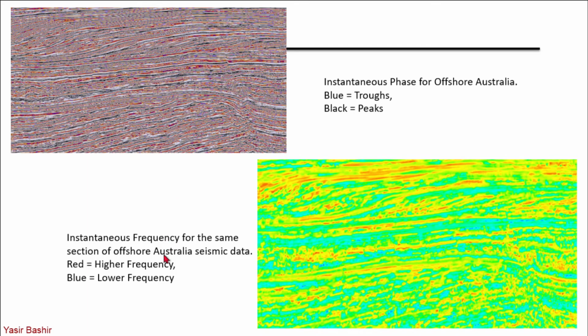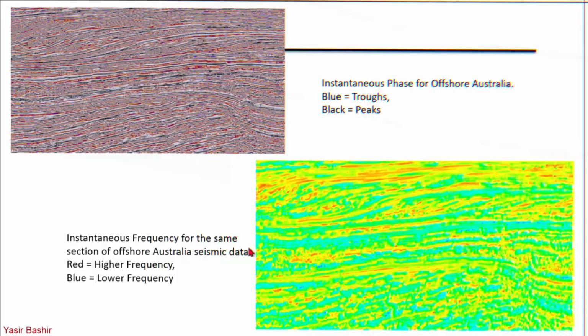On the down right corner we have the instantaneous frequency for the same section of the offshore Australia seismic data. Here the reddish color shows the high frequencies and the blue shows the low frequency. You can see how beautifully you can resolve the reflectors and the discontinuity and continuity of this reflector. So this was the application from Australia.